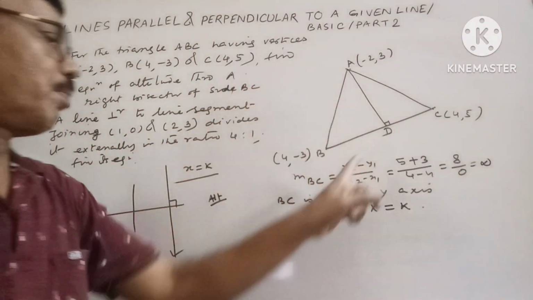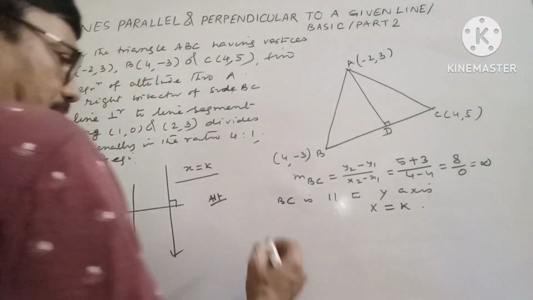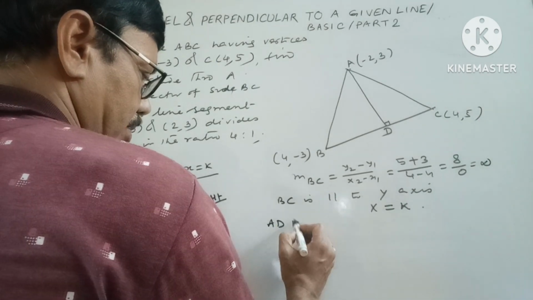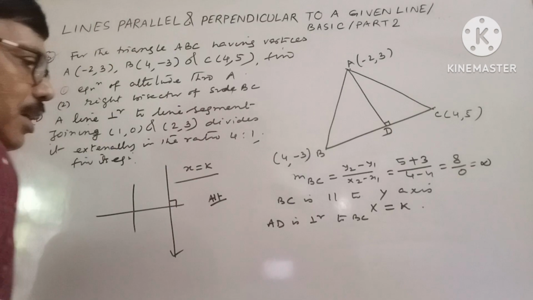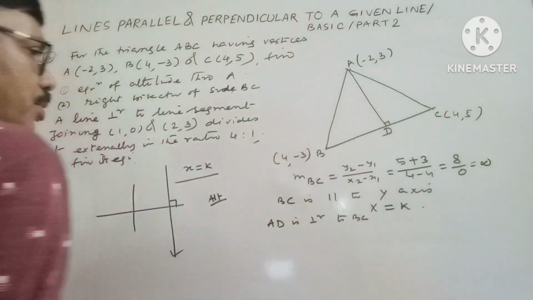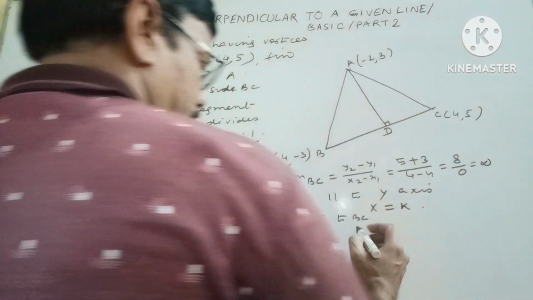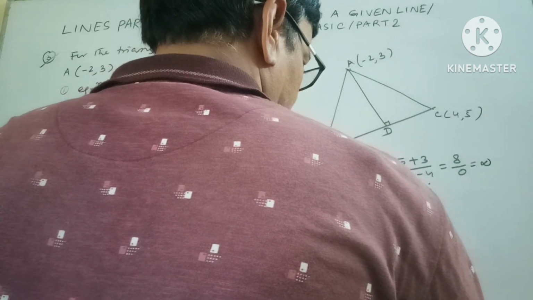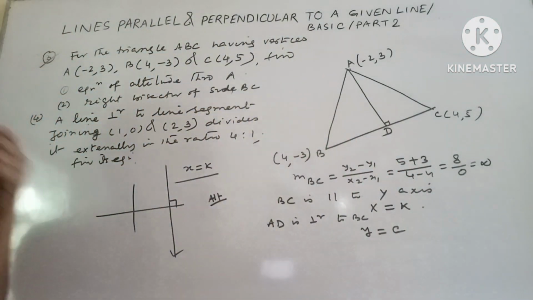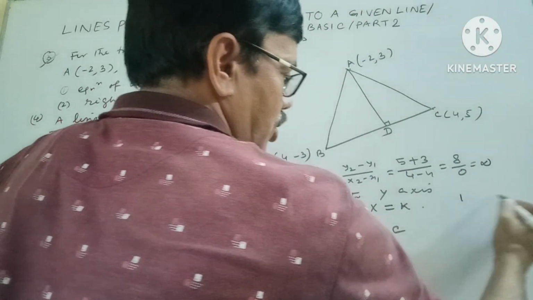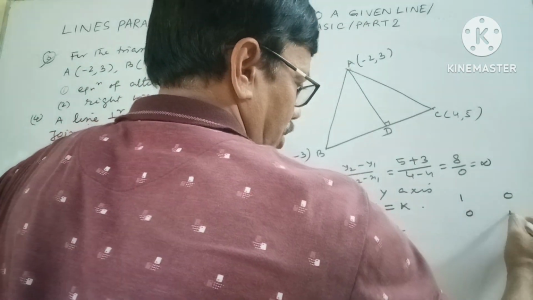Now AD is perpendicular to BC. Perpendicular to BC, so its equation will be y equals c. For the perpendicular equation, this is 1 0, this will be 0 1.